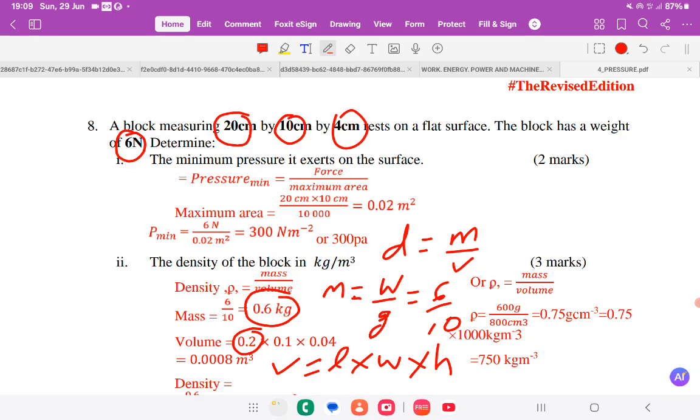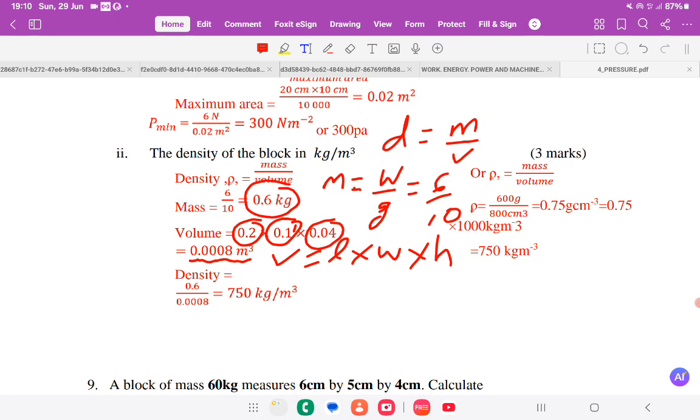Then you have 0.2 multiplied by 0.1 multiplied by 0.04. You get 0.04 from dividing 4 by 100. So if you do your calculation properly, you should be able to get a volume of 0.0008.